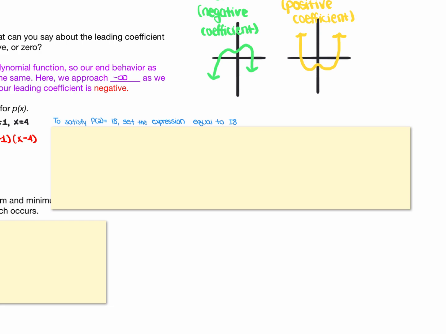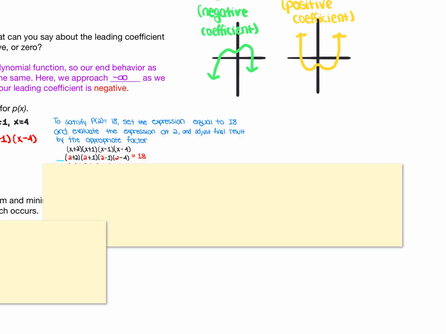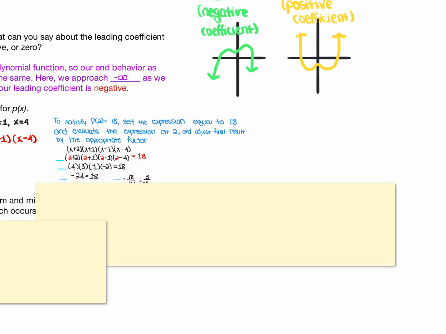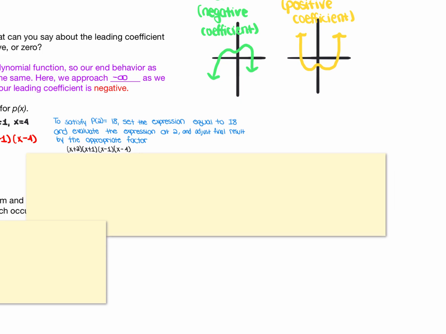So I had the rest, right? We're going to set the expression equal to 18 and plug in 2. All right, so we did that. Sorry, I'm talking to myself as I do this.